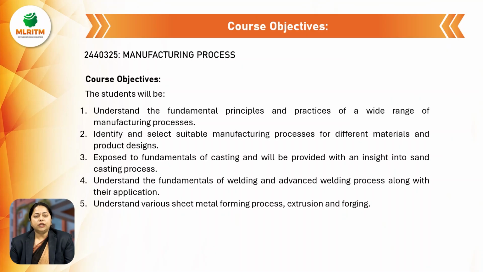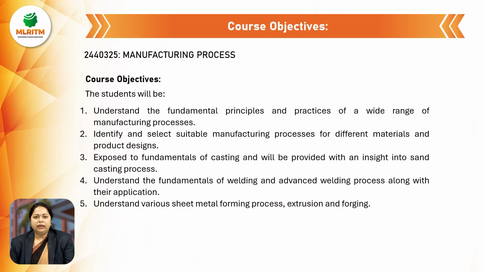This subject is introduced in the second year for all the mechanical engineering students, and the major objective of the course is to make sure that the student will understand the fundamental principles of manufacturing, what manufacturing actually is, how this process happens in an industry, and what kind of processes are involved in manufacturing.